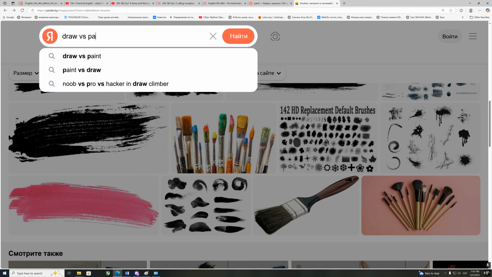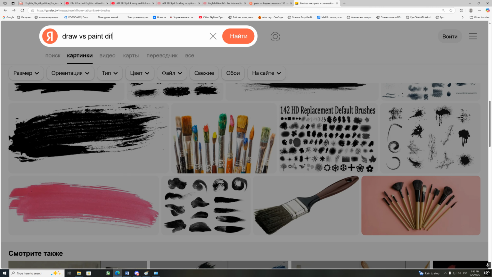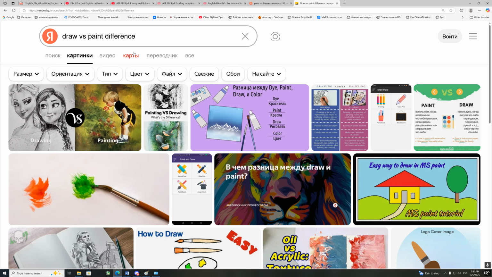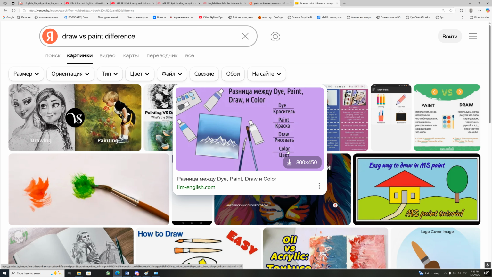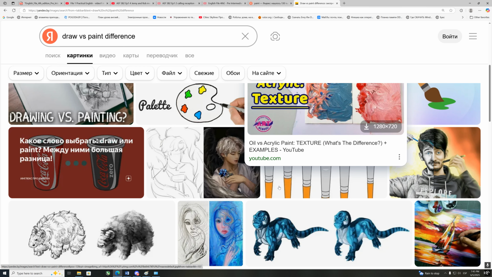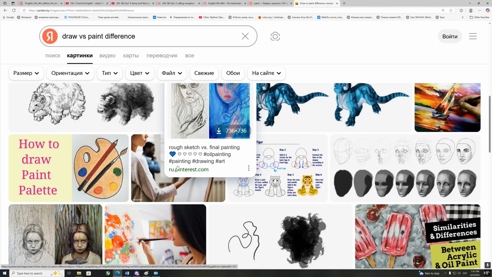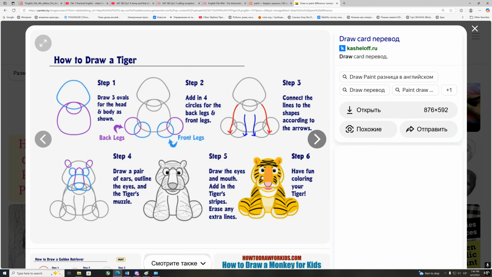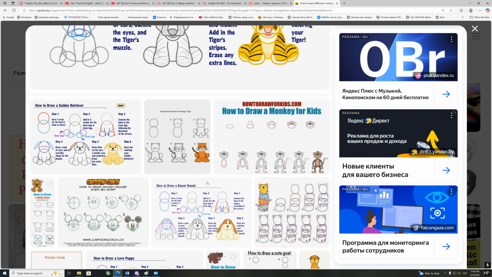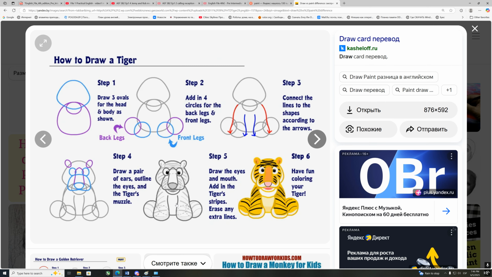Draw versus paint. Draw the eyes, for example. Use pens, use pencils. You don't use brushes.